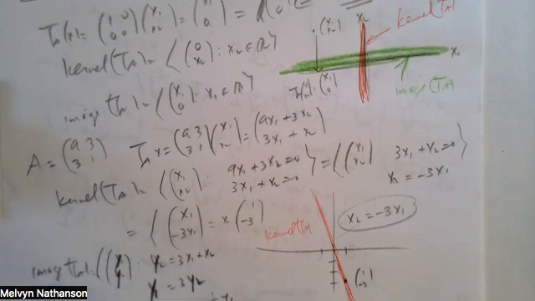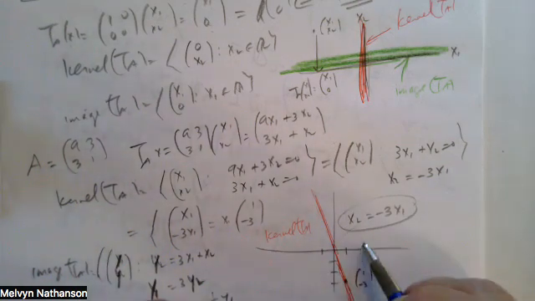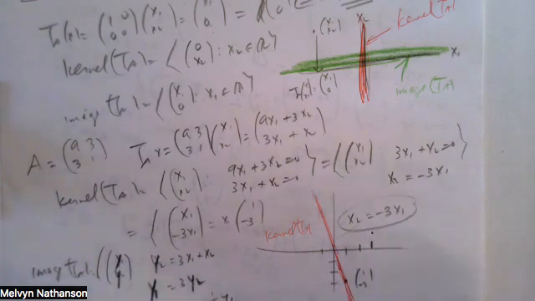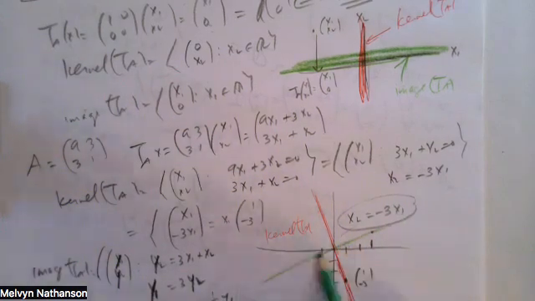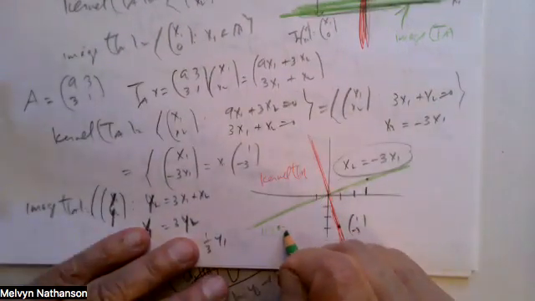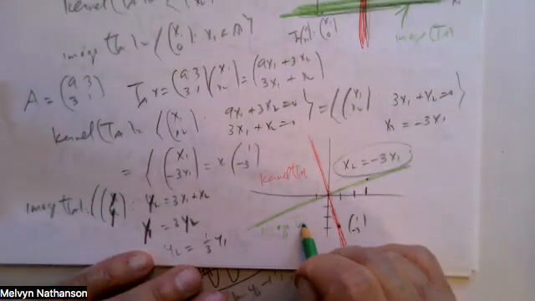That's the line through the origin with slope a third. This is the point 3, 1. Slope a third goes: y1 is 3, y2 is 1. It's this line. So this is the image of T sub A.